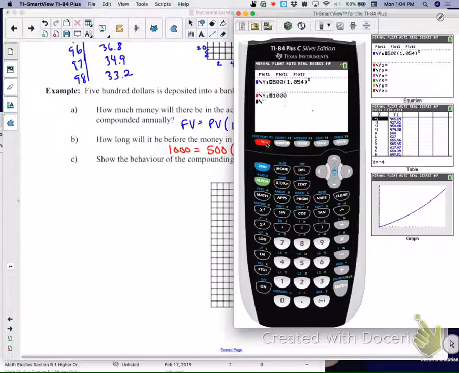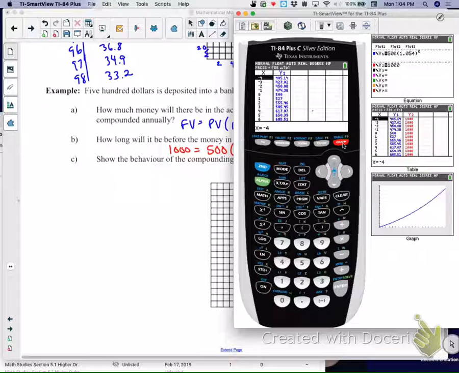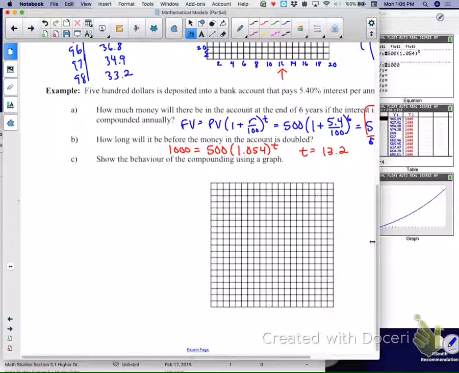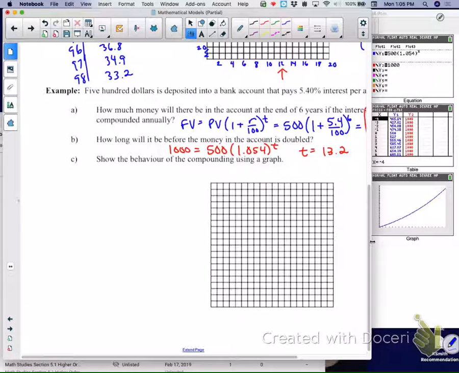Now I'm going to get rid of the 1,000 here just so we can see some points. Okay, so what I'm going to do is I'm going to plot just some nice values. A little bit more.